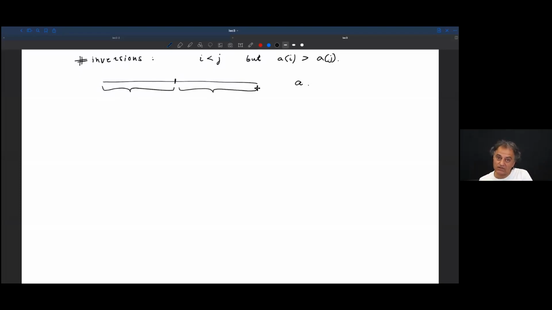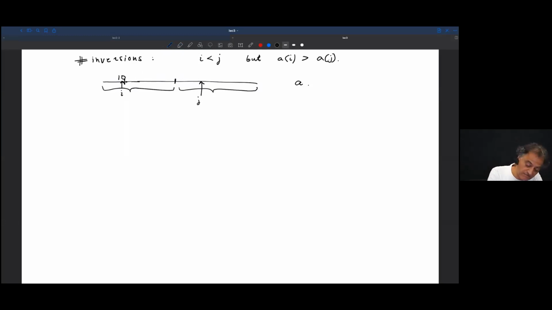If you want the total number of inversions, what we are missing is the number of i, j pairs where element number i is here and element number j is there, but this one is bigger than that one.